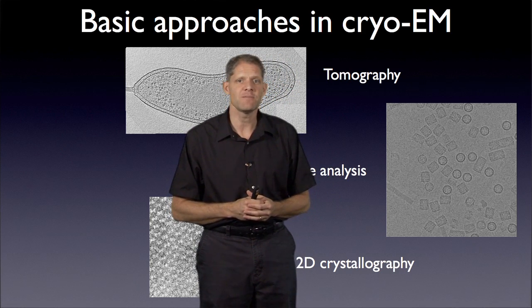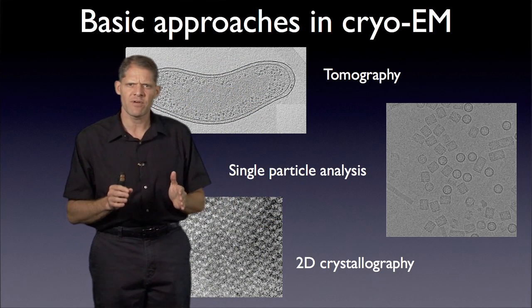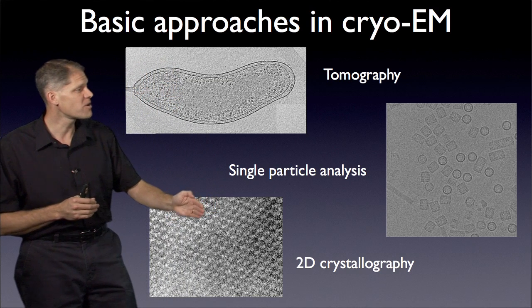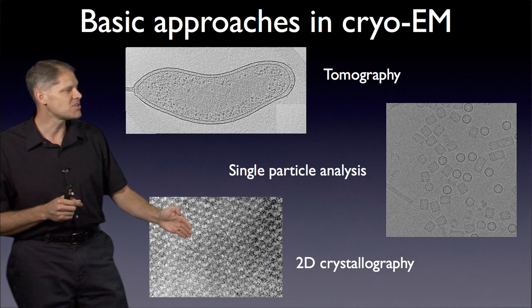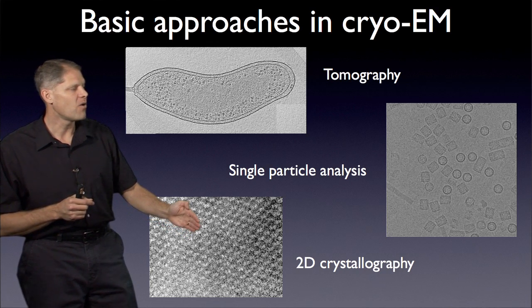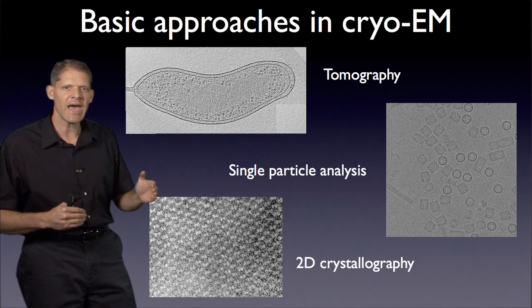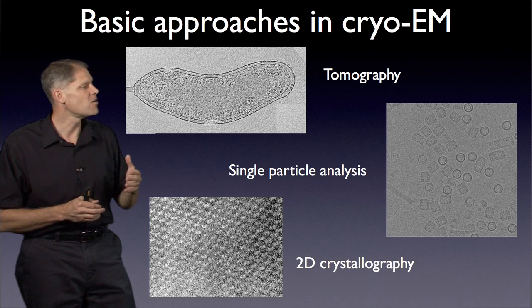Finally, in the case where we can purify a large number of identical copies of our object of interest, and we can coerce them to crystallize, then the precision to which we can orient each of the unit cells, the precision to which we can average the information present in the image of a crystal, goes up.